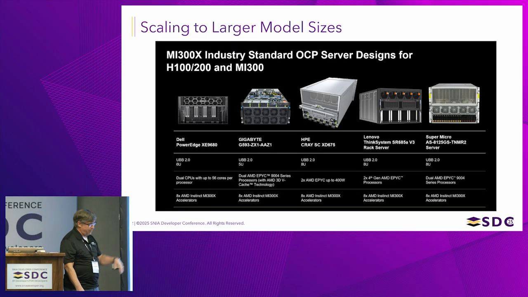So I threw some of these up on the screen to give you an idea of who's shipping this. We've got Dell, Gigabyte, HPE, Lenovo, Supermicro. They all have pretty close to the same architecture where it's an OAM with 2 CPUs on it.